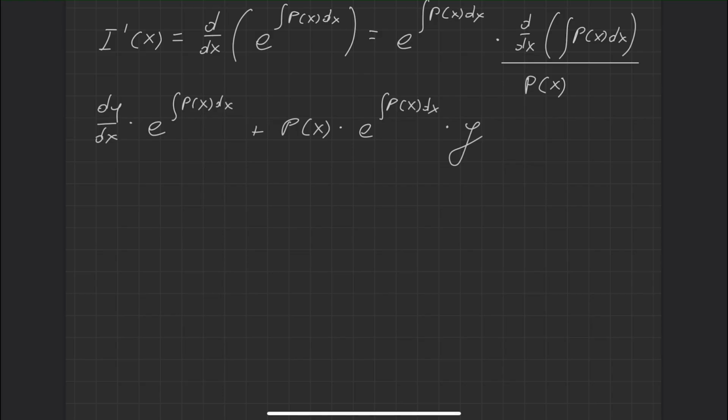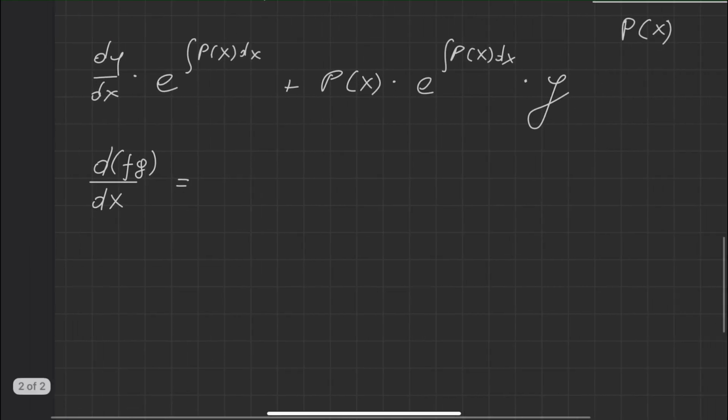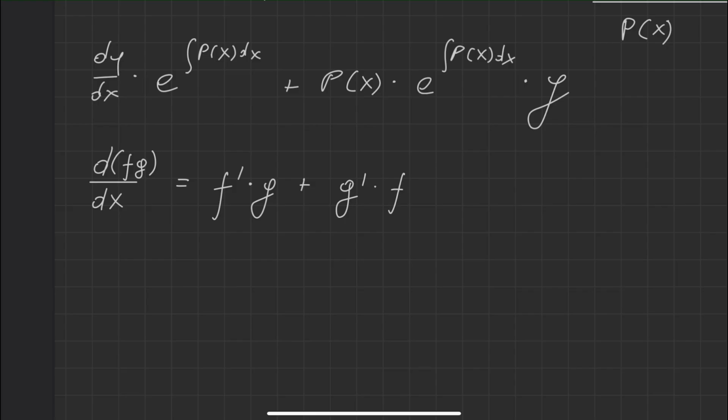And now let's recall the product rule. The product rule is for the derivative with respect to x of some product of two functions, f and g. It's going to be nothing else than just the derivative of the first function times the second function plus the derivative of the second function times the first function, right?